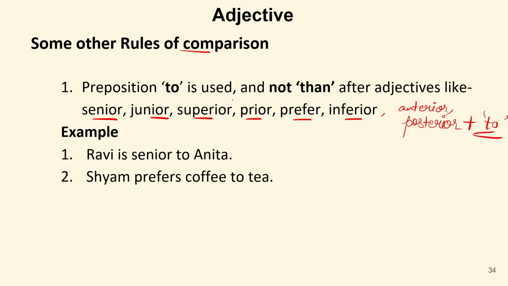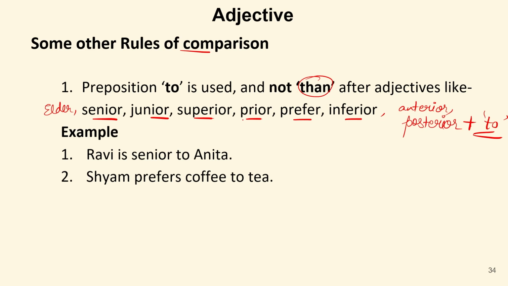They are always followed by a preposition to and not than. We do not use than with all these words. One more word is included in all these words, that is elder. If we see any of these words, we use to after these words and not than.